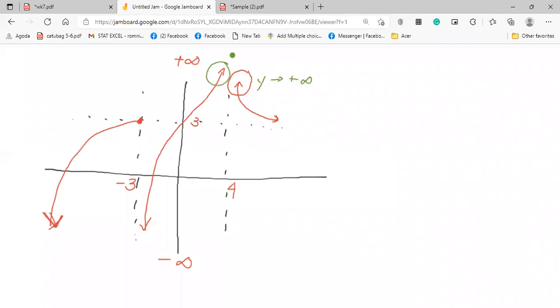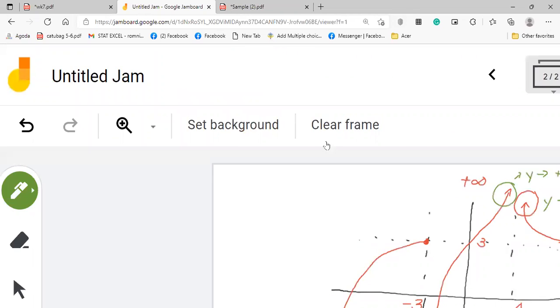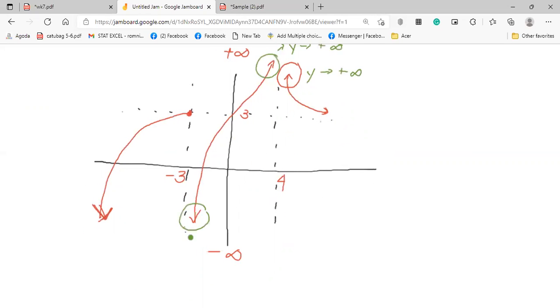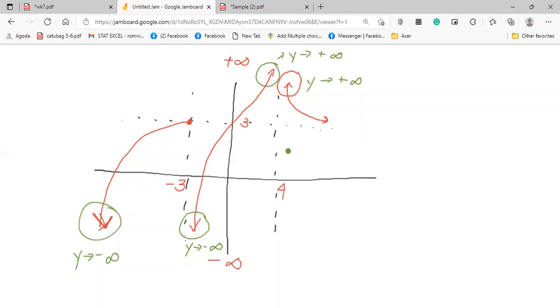Ito din, y keeps on increasing. About this one? Y keeps on decreasing. Even this. Yan yung mga y na tuloy-tuloy sa pagbaba or pagtaas.